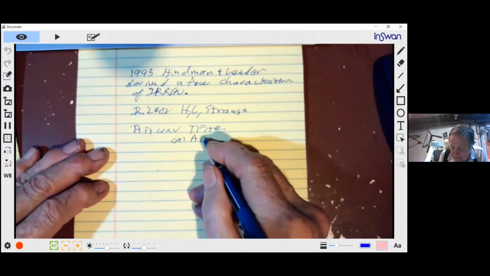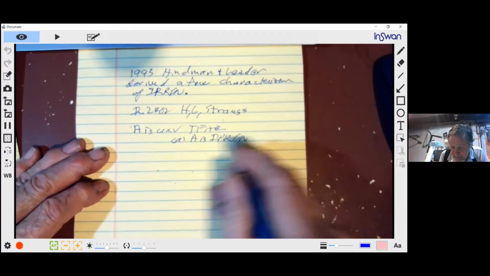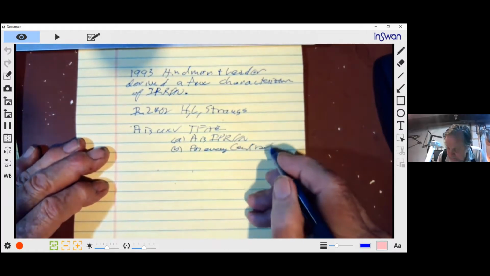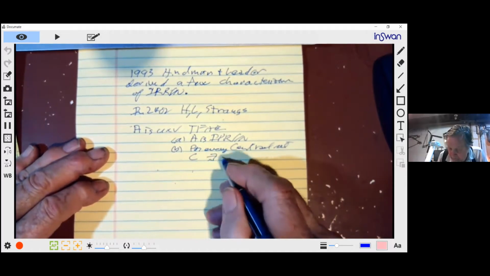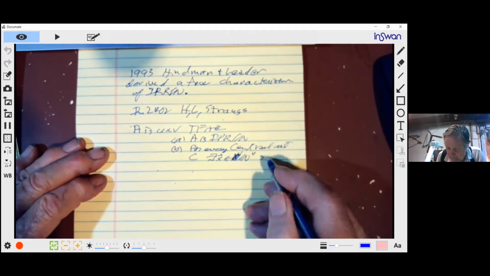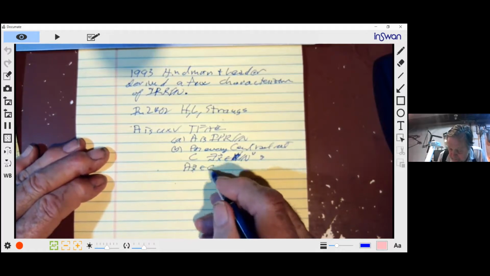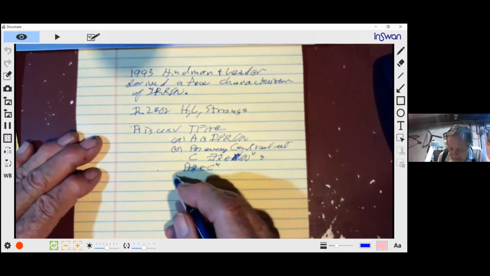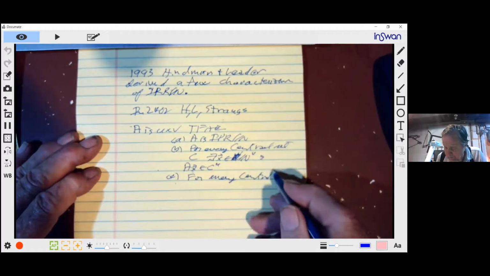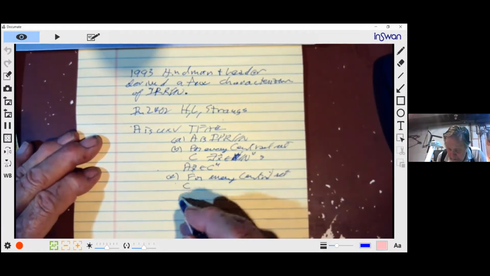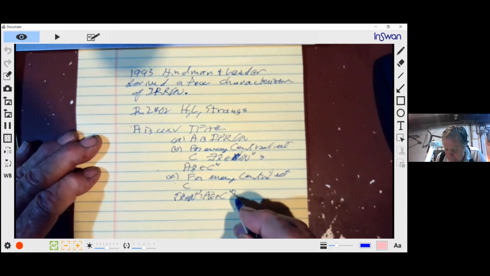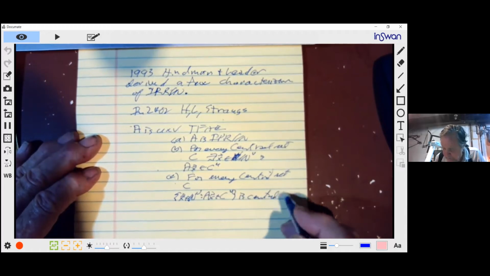A: A is image partition regular over N. B: for every central set C, there exists X in N to the V such that the entries of AX all come from C. And C: for every central set C, the set of all X in N to the V such that AX is in C to the U is central in N to the V.